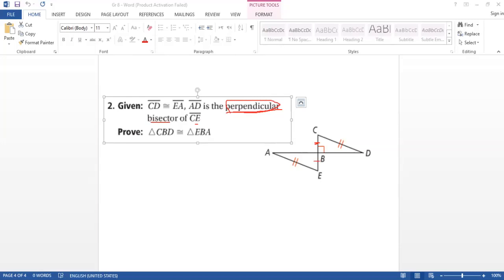CB is congruent to BE because of the bisector.